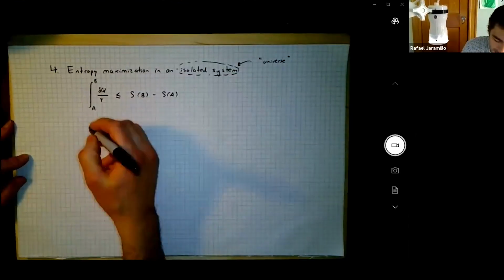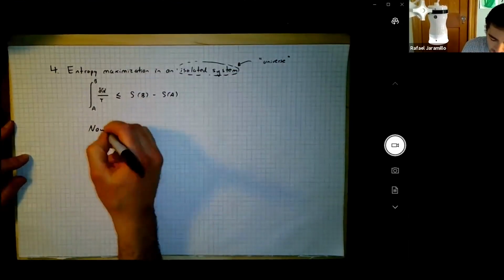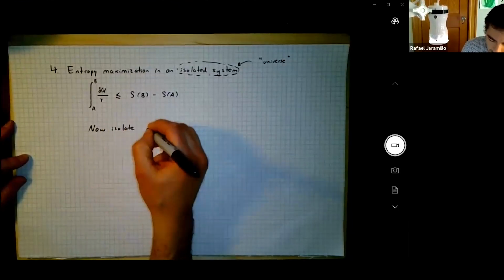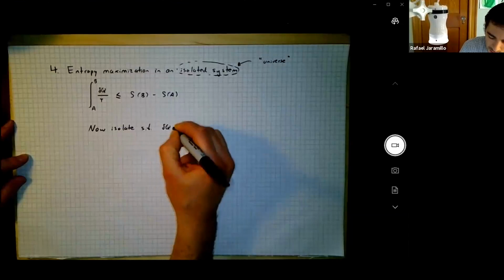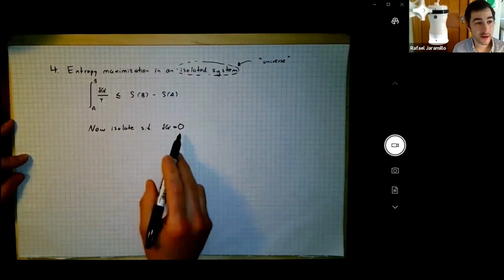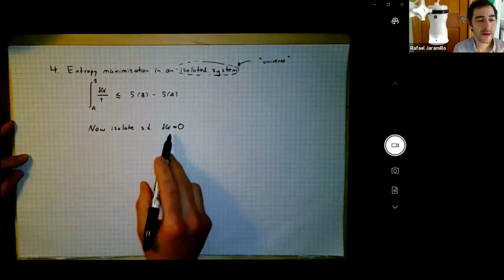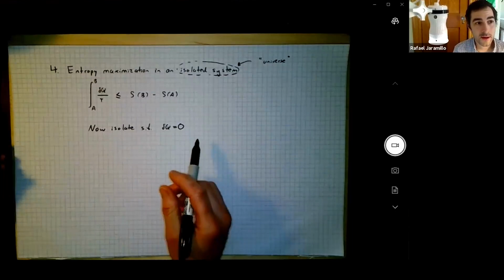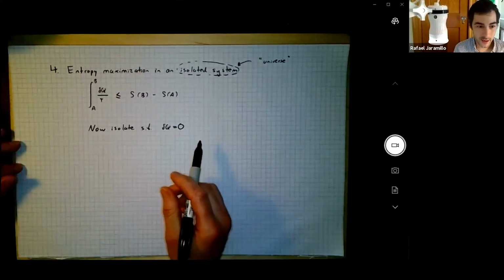Now we're going to isolate the system so that dq equals 0. All I'm really doing here is thermally insulating it, right? I'm putting some thermal insulation around it, making sure that no heat can flow across the boundary.